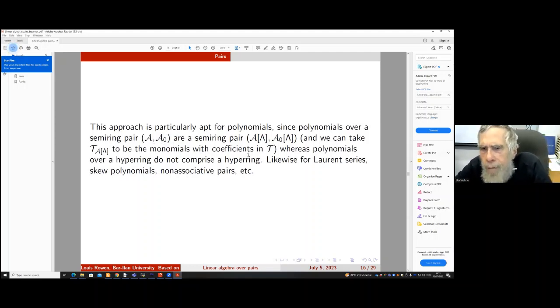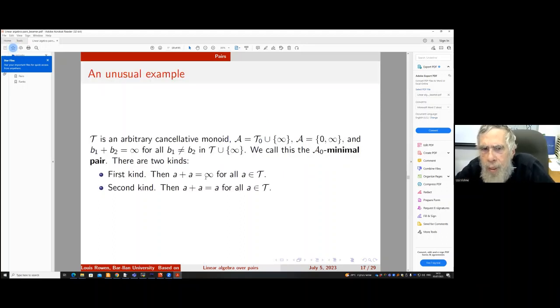And so here, the category of pairs permits polynomials, whereas hyperrings do not. Polynomials of hyperrings are not a hyperring. And you can take Laurent series, q-polynomials, non-associative pairs, etc.